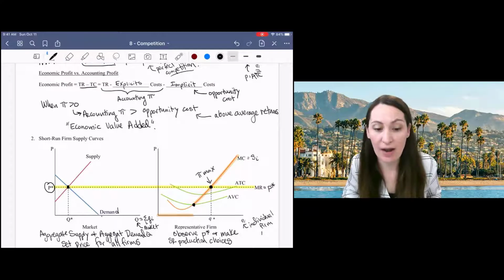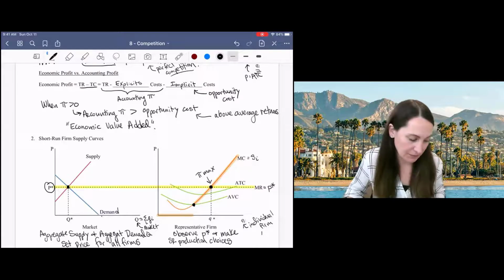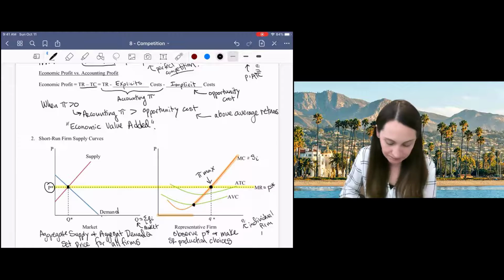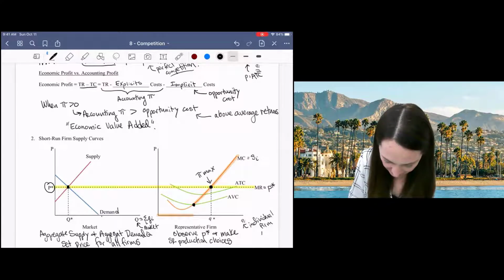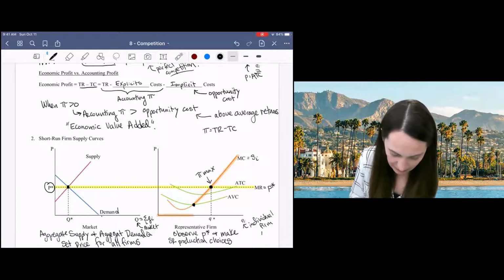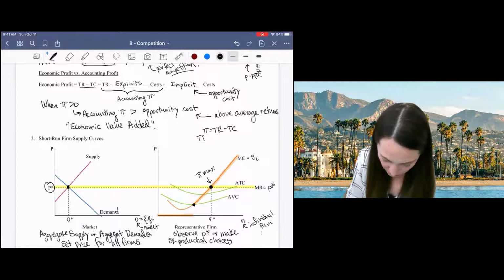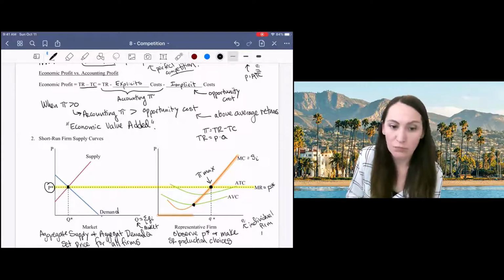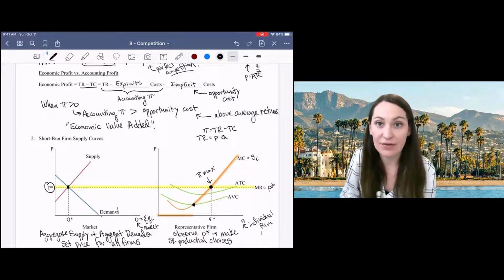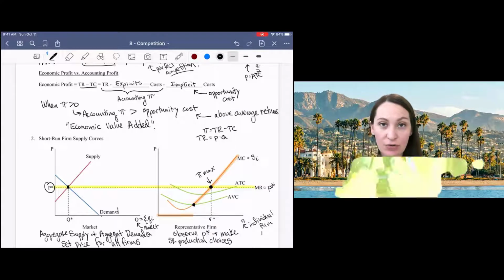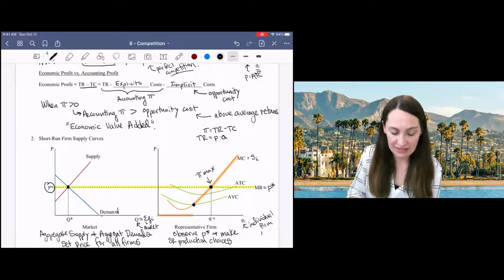So let's now talk about how to calculate profit on this graph. Remember that profit is total revenue minus total cost. So if I were to write out my total revenue here, total revenue is price times quantity. And let's go ahead and just put some numbers on this graph to give us something to work with.